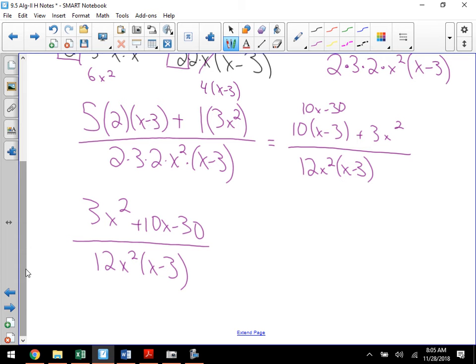I didn't draw my arrows like I always tell you to. Negative 9 and 1 to get you 10. Can you simplify over addition? No, so I can't do that.